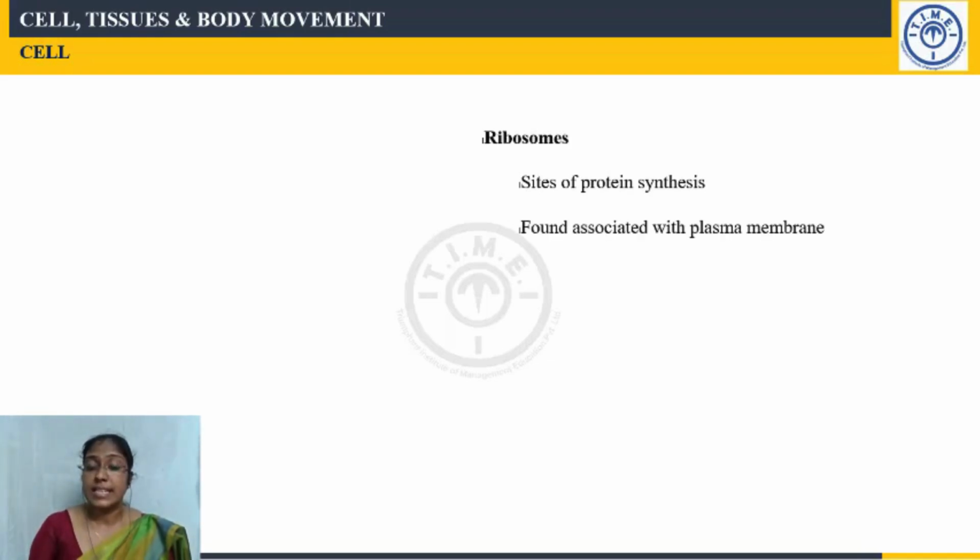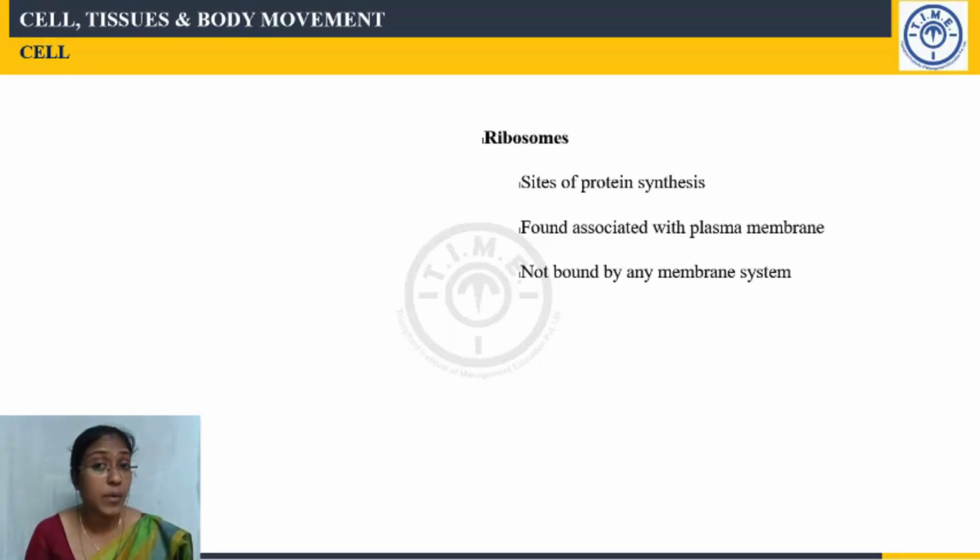These ribosomes are found associated with the plasma membrane. They are always found associated with the plasma membrane, not bound by any separate membrane system. Who is associated with the plasma membrane? Ribosomes.